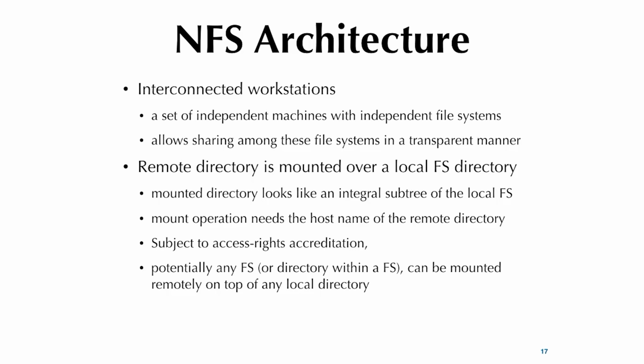The mount operation needs the host name of the remote directory, but that's all done. You just have to replicate enough of the user information on different machines, but the file system itself is mounted over the network.